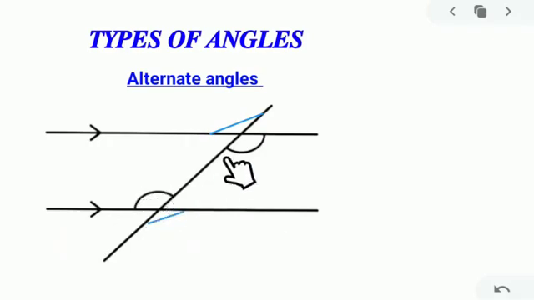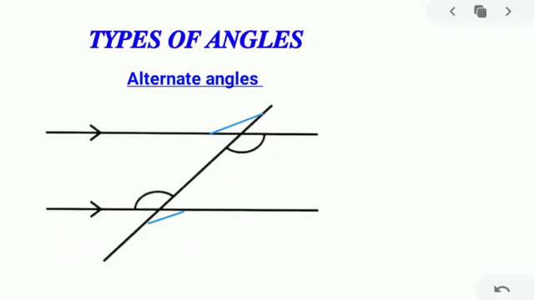So this angle and this angle will be equal to each other, while this angle on the inner side and this angle on the inner side will be equal to each other because they are on the opposite sides of the transversal. The interior alternate angles can also be recognized by a Z being formed, like this, and these angles will be equal, while in the opposite Z being formed, these angles are equal.